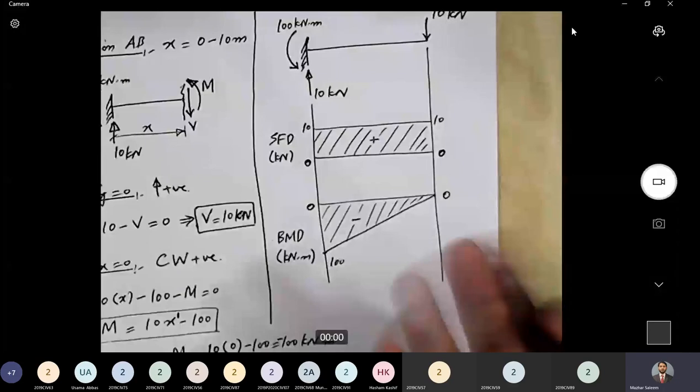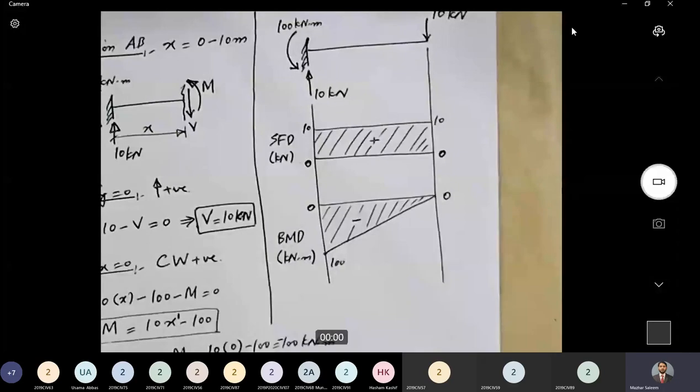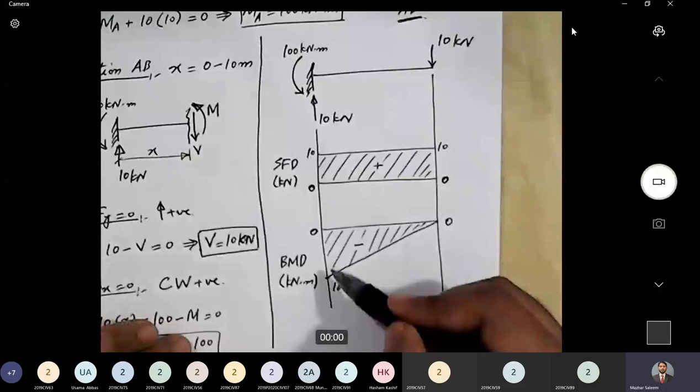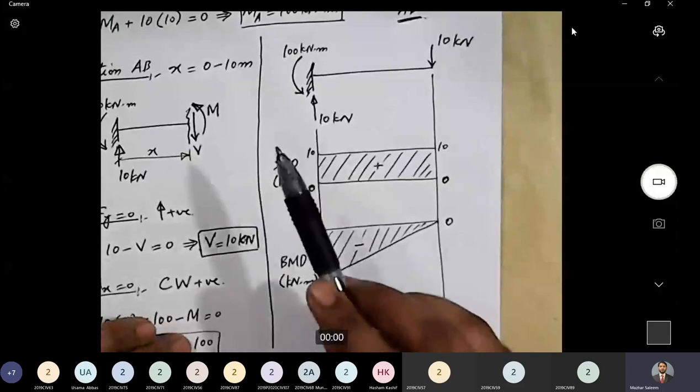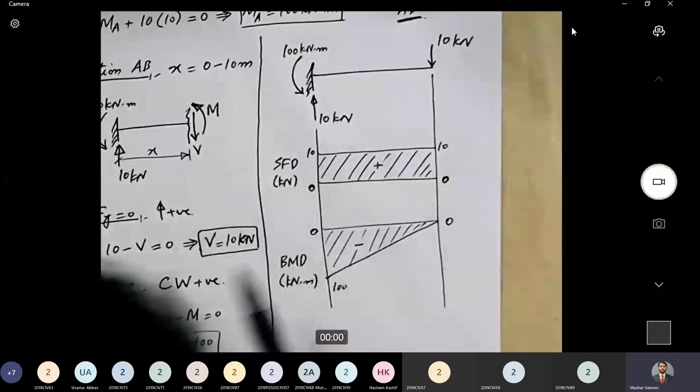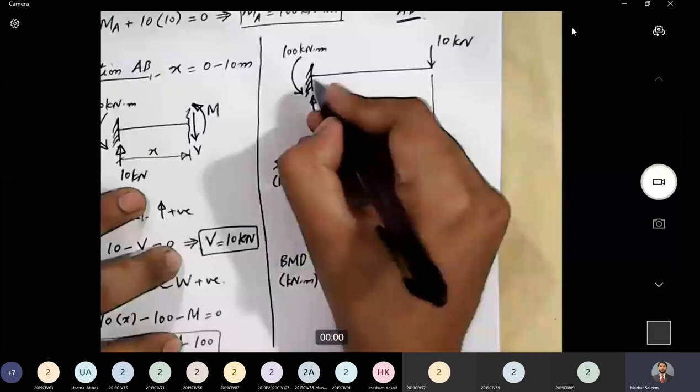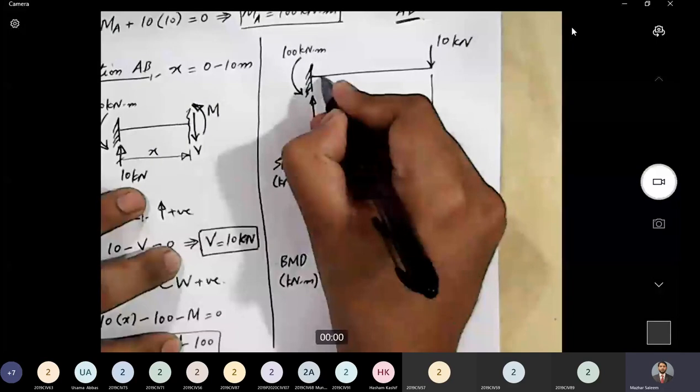Last step is to draw the elastic curve. Now, for the elastic curve, this time the entire beam's bending moment diagram is negative, so it means that the entire beam is hogging, and we have a fixed support here. At fixed support, we do not have any rotation. At fixed support, the beam is absolutely fixed. So in the initial portion of the beam, there will be no rotation.